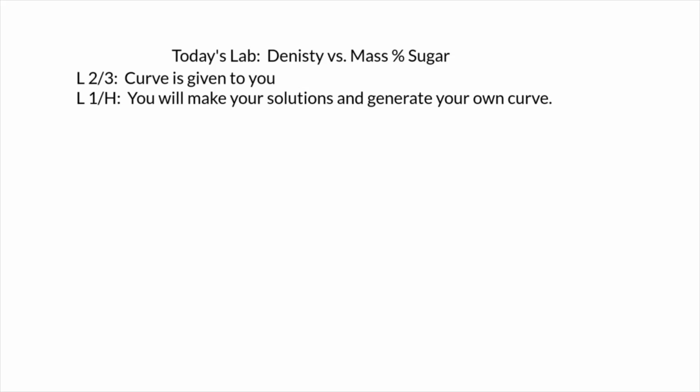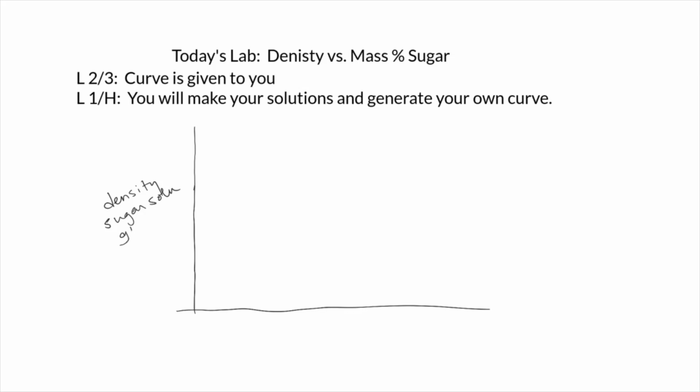Now, with the curve, my lines are a little crooked here, you're going to make a graph. For the level 2-3, I'm giving you the graph. The y-axis is going to be the density of the sugar solution in grams per milliliter. The x-axis is going to be percent sugar.